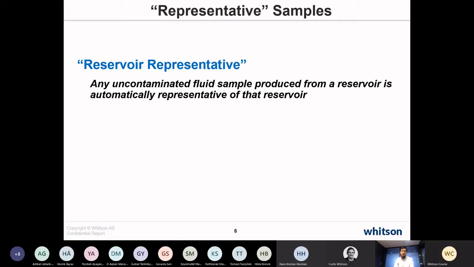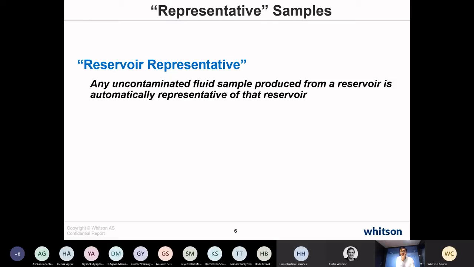And it can be any fluid. It doesn't necessarily have to be the exact fluid composition that you expect in the reservoir at time zero of your production.